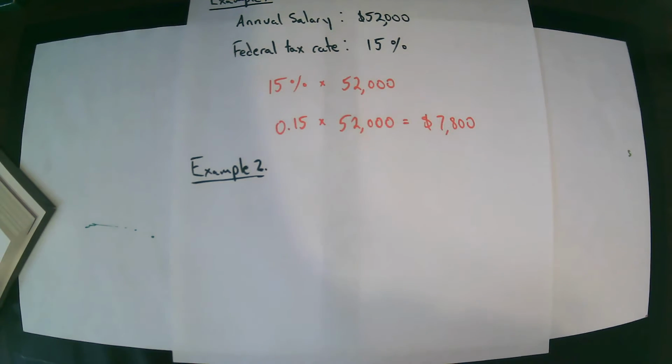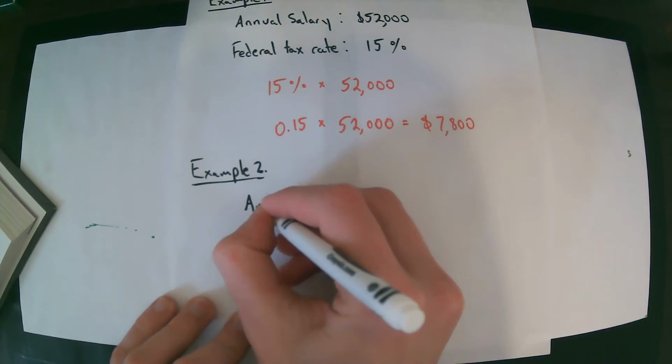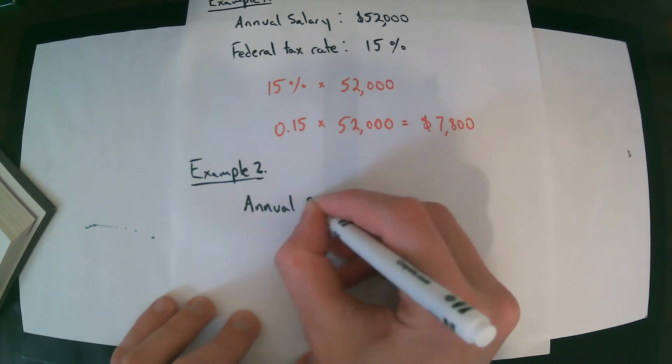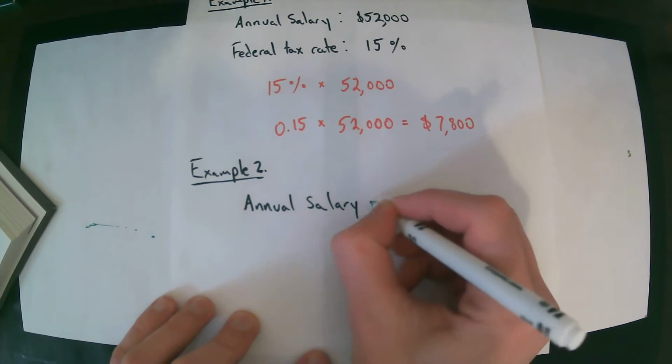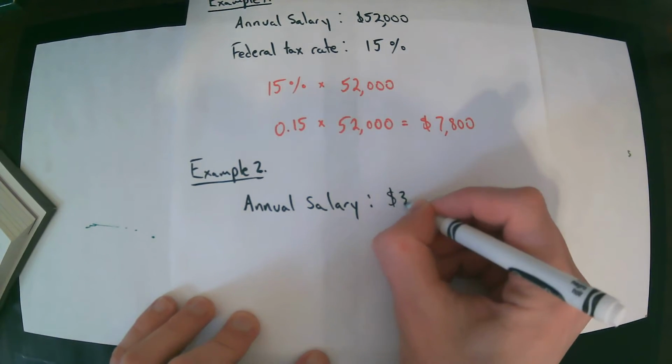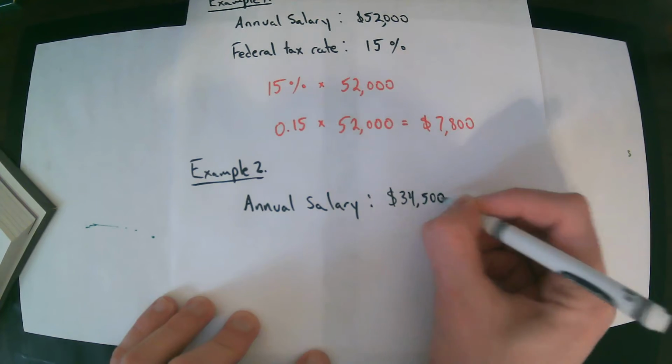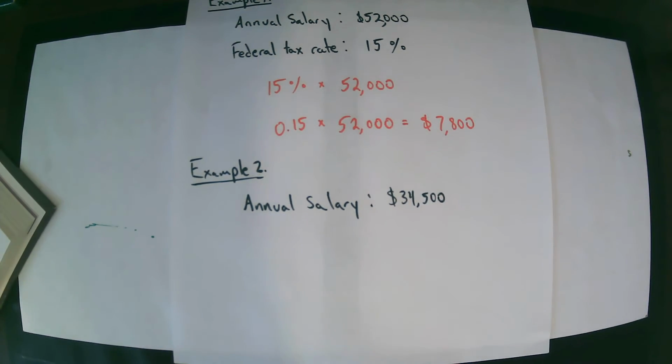Priya just graduated from a liberal arts college and acquired a job as a sociologist. Her yearly salary is $34,500. Okay, so annual salary. Yearly means annual. Annual salary $34,500. If the federal tax rate is 15%, Social Security tax rate is 6.2%, and unemployment tax rate is 6%, determine the following.